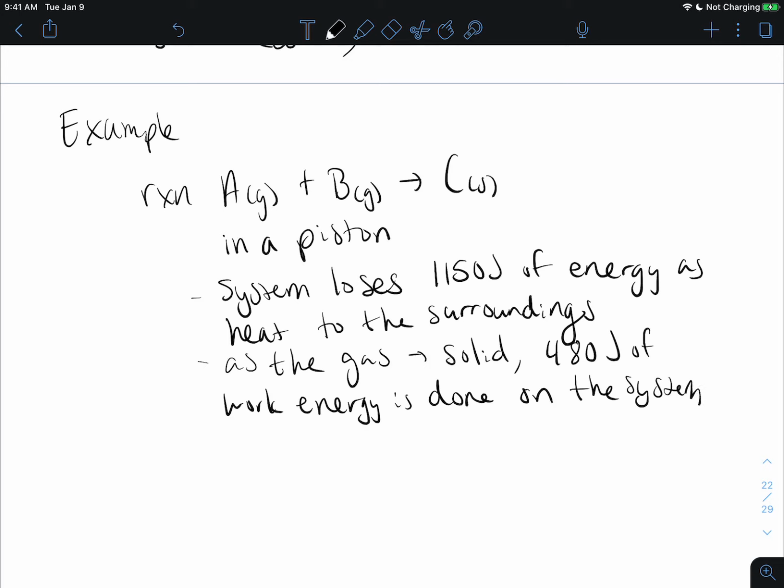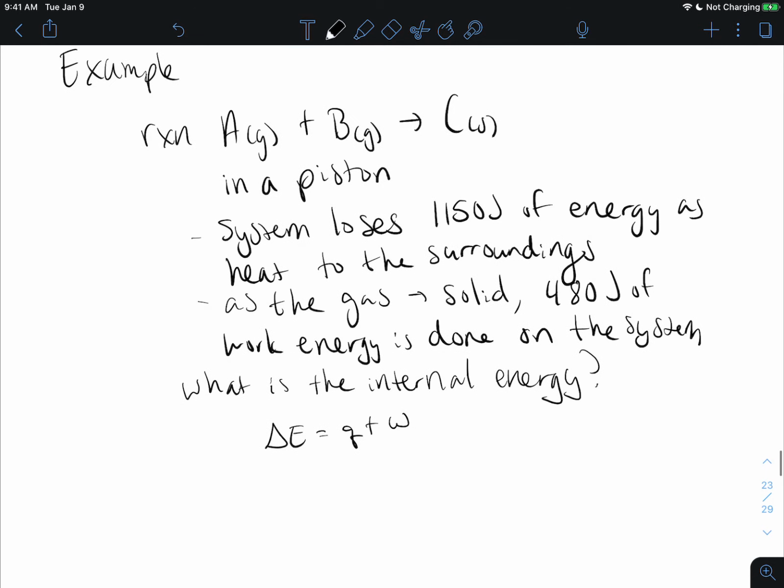We want to know what our internal energy change is. Okay, so here we have delta E is equal to Q plus W. So our heat plus our work. We now have to think about our signs here. If heat is lost by the system, that is a negative sign. So our Q is equal to negative 1150 joules.